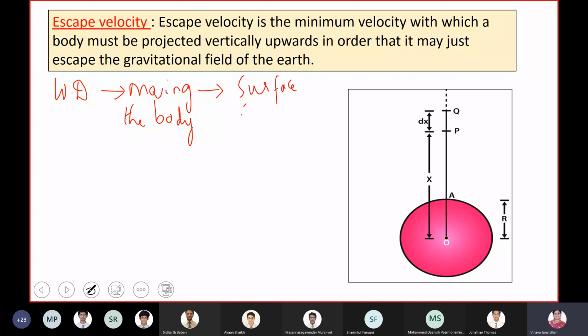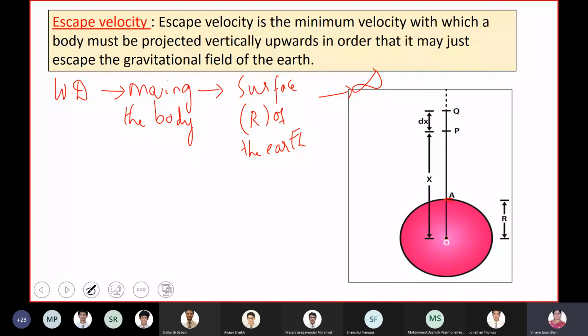Whenever you are measuring the distance, it should be from the center of the Earth. When the body is lying on the surface, at point A, it is at a distance of r meters from the center of the Earth. So from the surface of the Earth to infinity. Is that clear, boys?